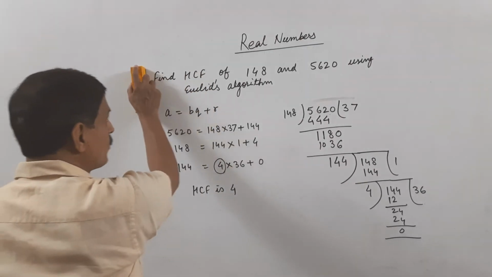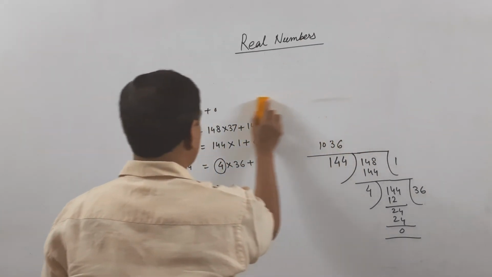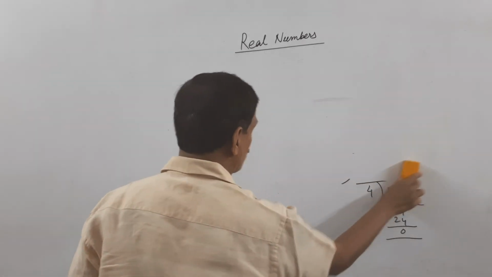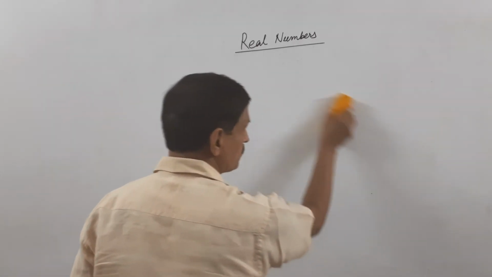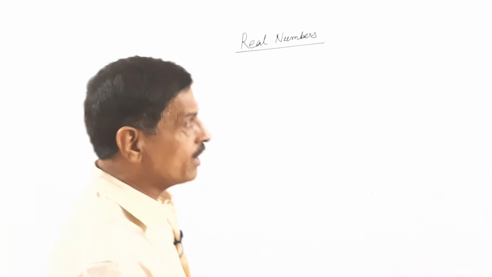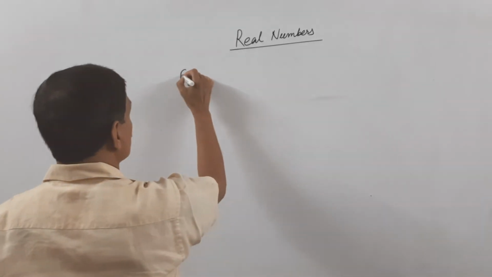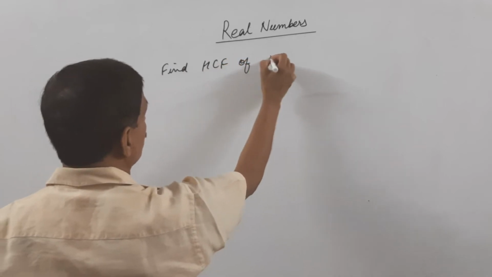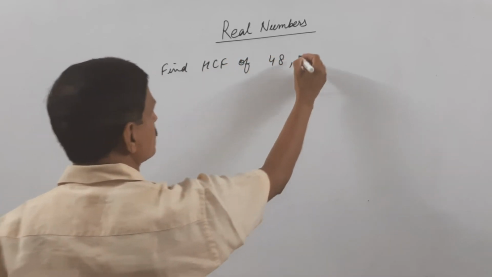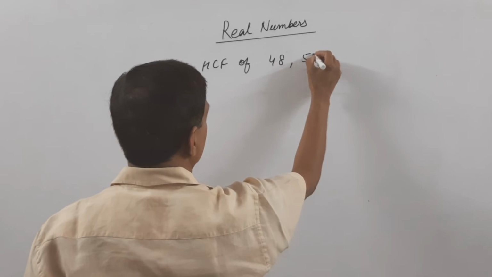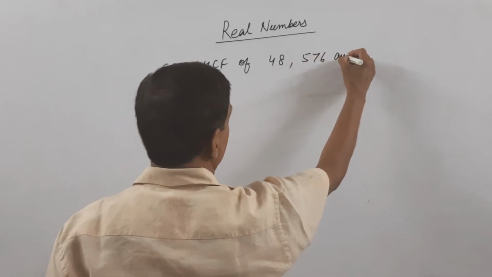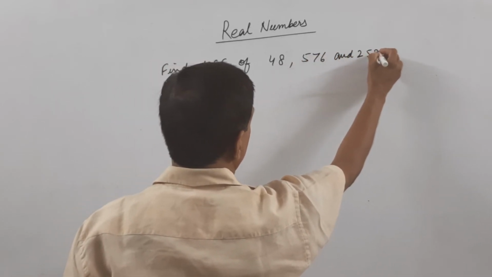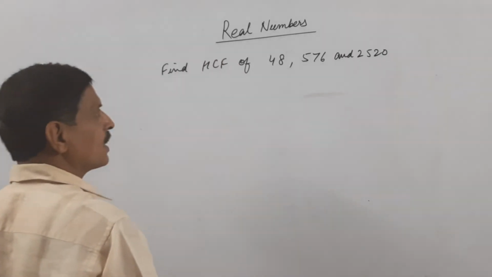Now, suppose we have to find the HCF of more than 2 numbers. Let it be 3 numbers. Find HCF of 48, 576 and 2520.